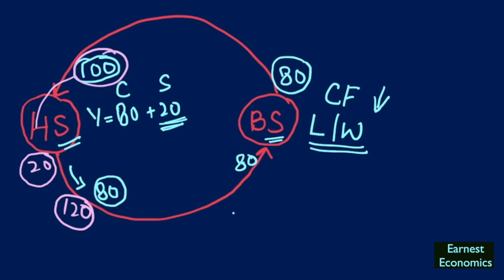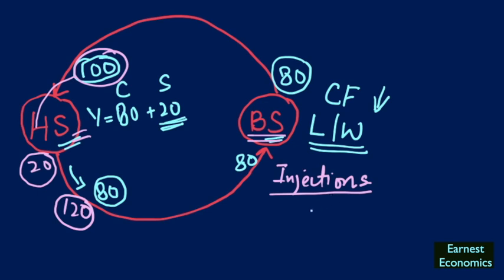Now such entities which increase the amount in the circular flow of national income are called injections. So this amount was not there in the circular flow, but we have injected it from somewhere, and this can be done by the household sector or the business sector, if it has some previous savings.